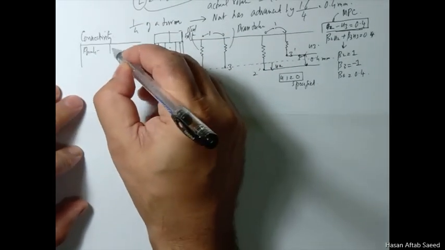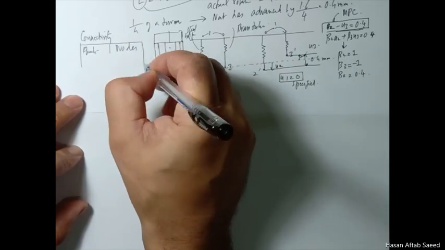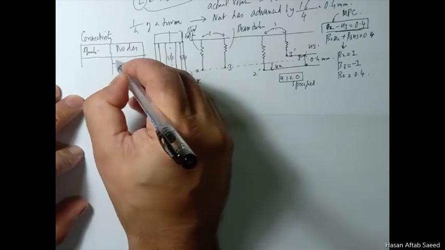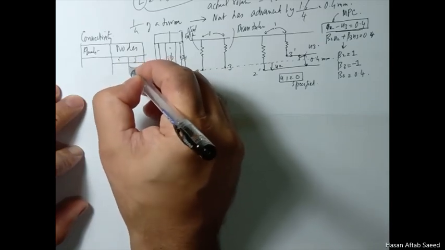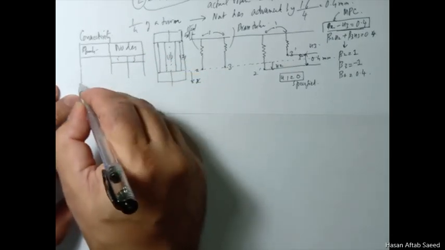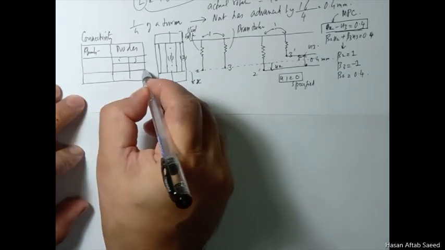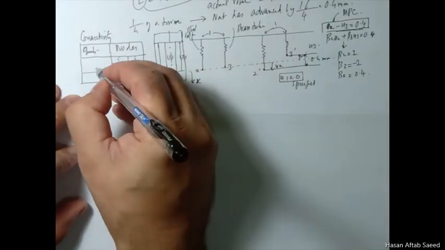Elements, nodes, I, J. This part of the problem has nothing to do with boundary conditions. This is just the standard, what we do always.